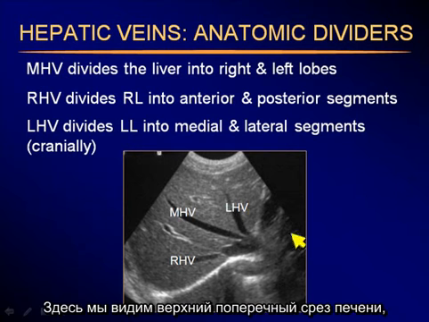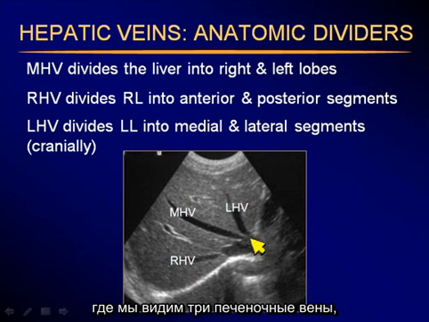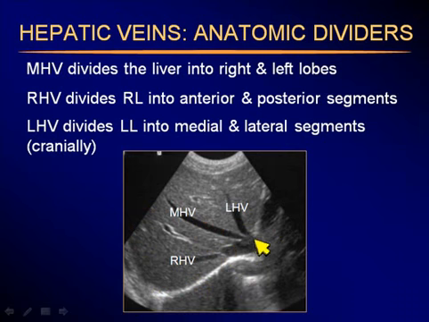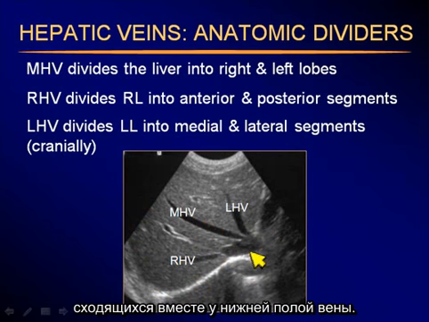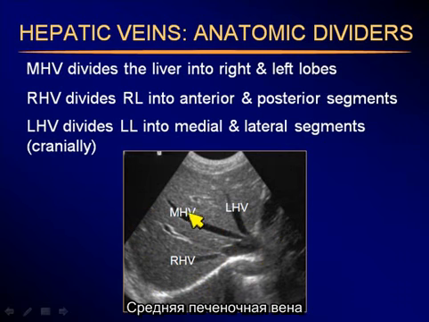Here's a transverse section high in the liver, and we see the 3 hepatic veins coming together at the inferior vena cava. The middle hepatic vein divides the liver into right lobe and left lobe. The left hepatic vein divides the left lobe into medial and lateral segments.